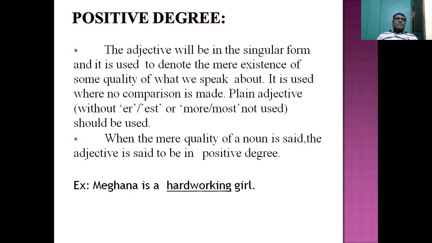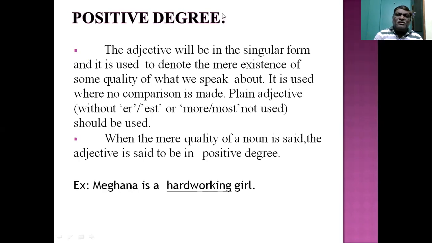You can just see one example. When the mere quality of a noun is stated, the adjective is said to be in the positive degree. That's the definition you can remember. You are only describing the quality of a noun, maybe a person or a thing. For example, you say Meghana is a hard-working girl. You are simply trying to say that Meghana is hard-working.